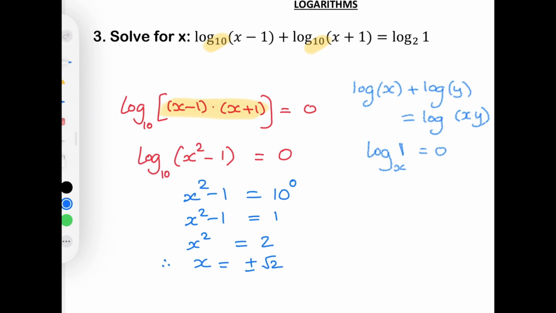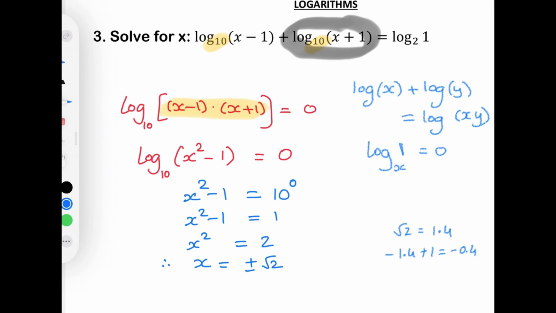The approximate value of root 2 is 1.4. Now if we put the value of x as negative root 2, that is negative 1.4, in this second term, we get negative 1.4 plus 1, that is negative 0.4.